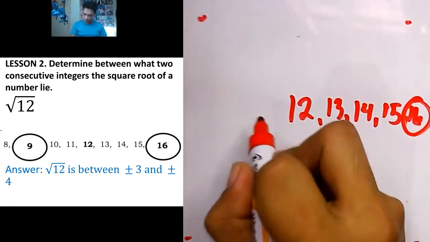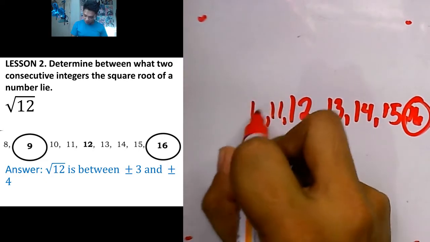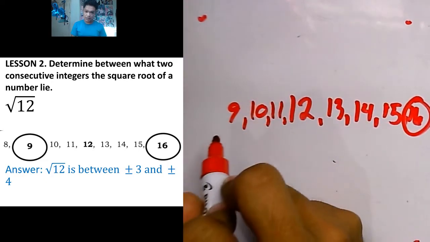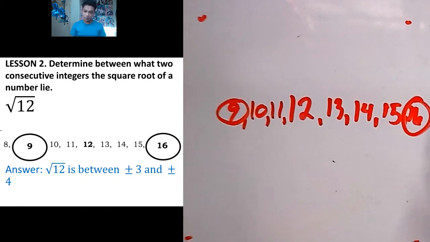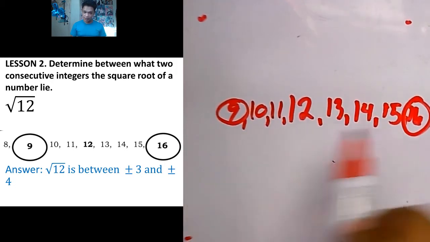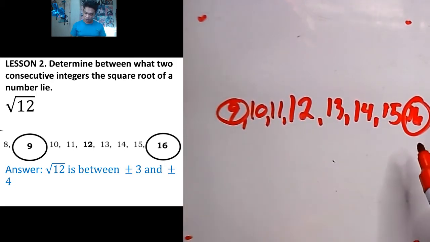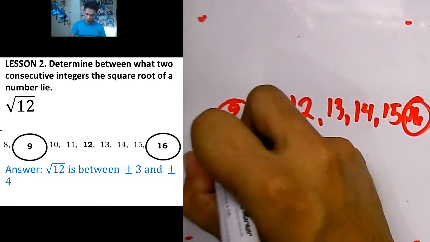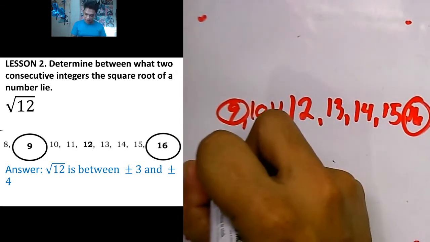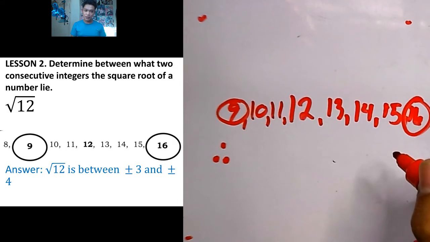Next, before 12, we have 11, 10, 9, and 9 is a perfect square, so we end here. Therefore, the two perfect squares are the square root of 9 and the square root of 16.